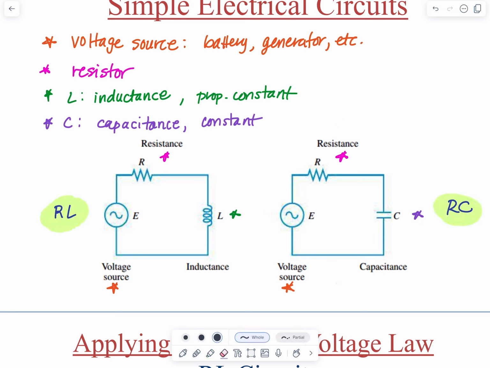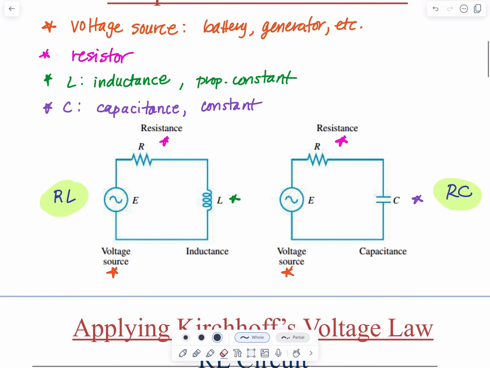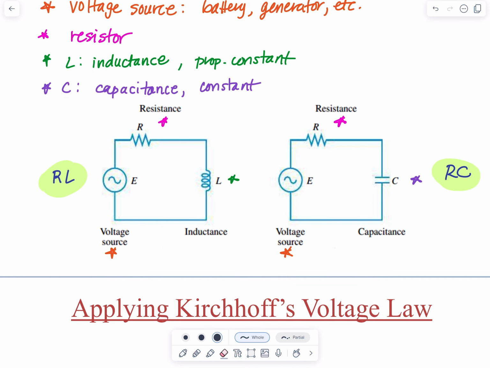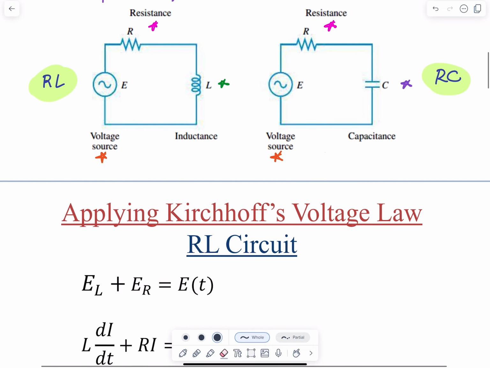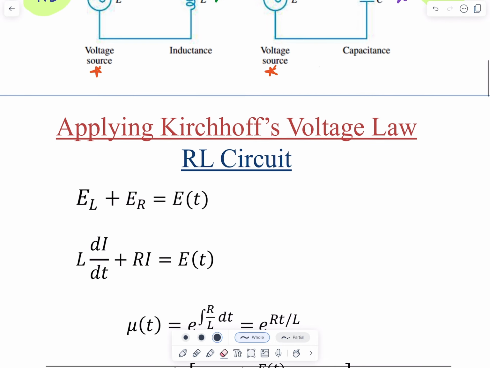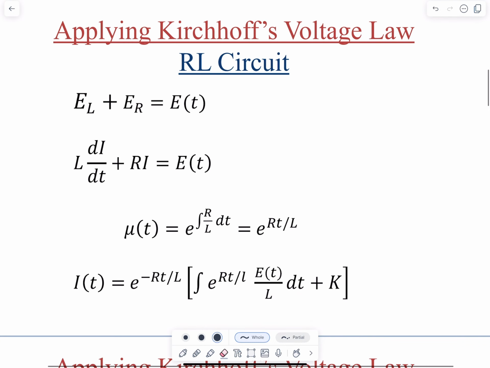Okay, so let's take a look at how we are going to define that voltage drop across the capacitor and across the inductor. And then we will also take a look at the current passing through the resistor. So if we apply Kirchhoff's voltage law, let's begin with the RL circuit.